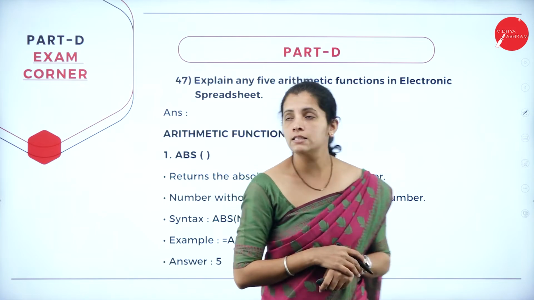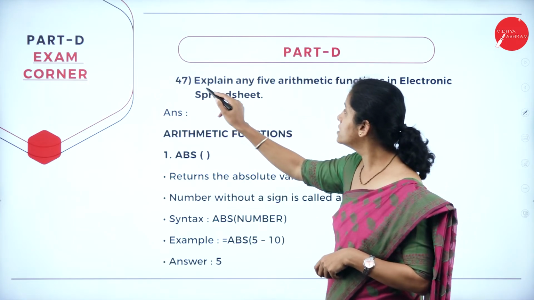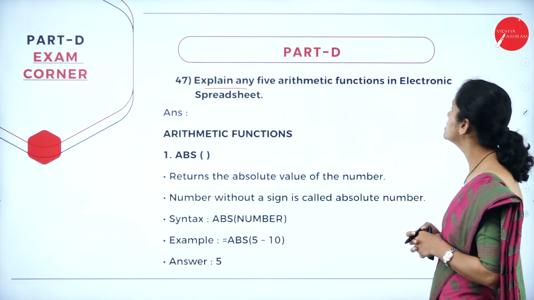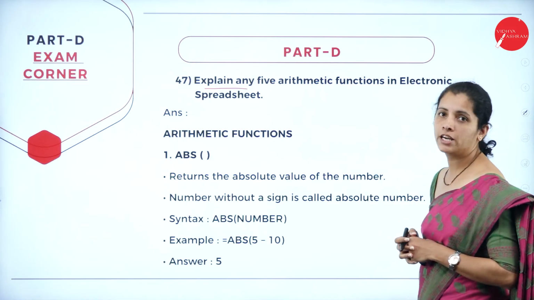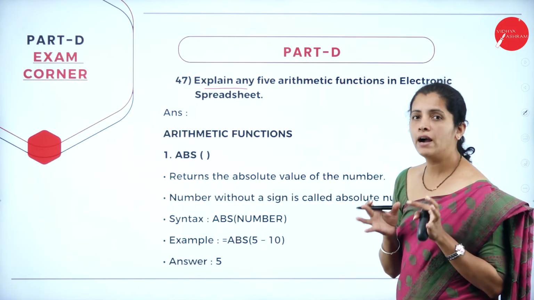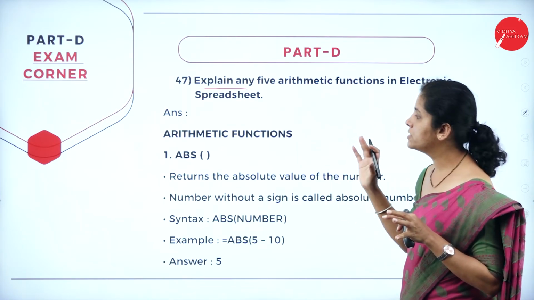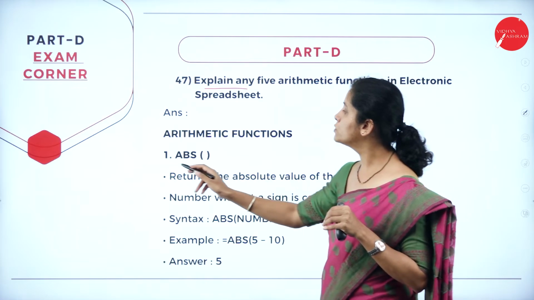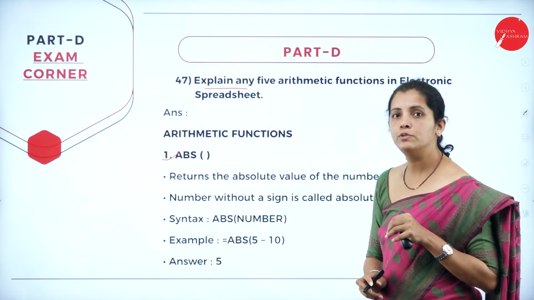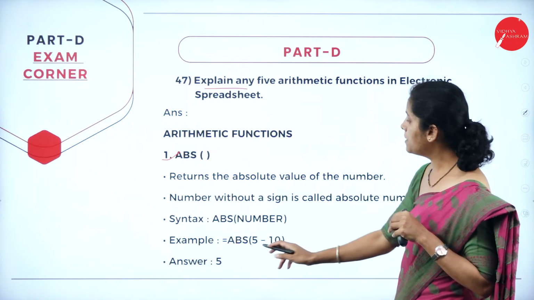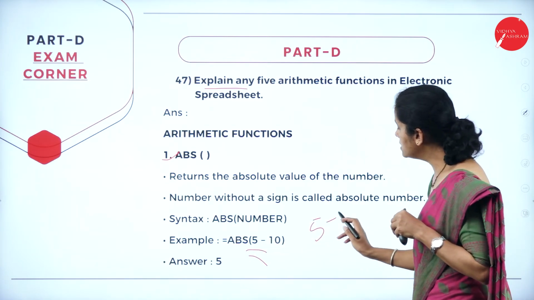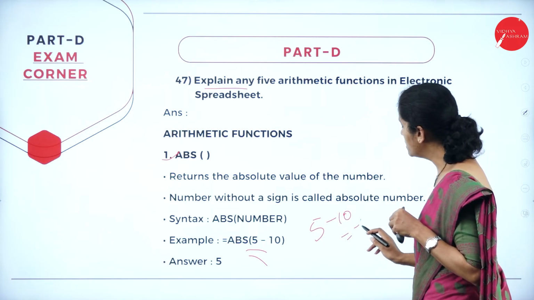Now let me consider another question, that is, explain any 5 arithmetic functions in an electronic spreadsheet. That means I want to explain any 5 arithmetic functions. So at the beginning, I'm going to start with ABS. That is nothing but the absolute value. For example, think that 5 minus 10, I'm going to get minus 5.